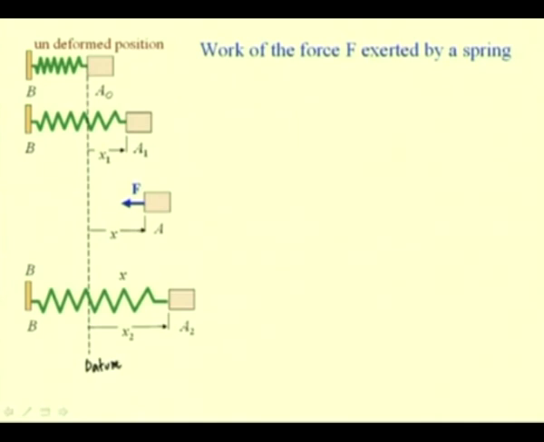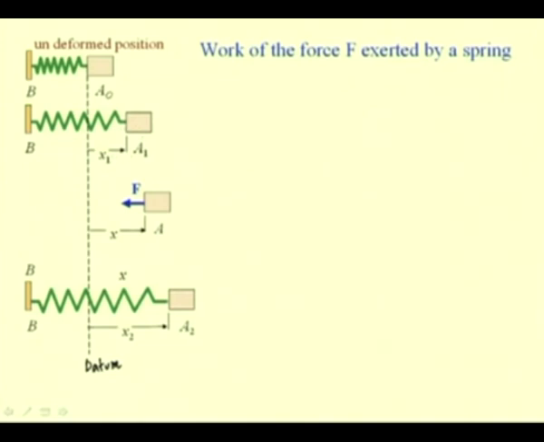This position A0 is the mean position where the spring is neither elongated nor compressed. So, no force acts on this body.